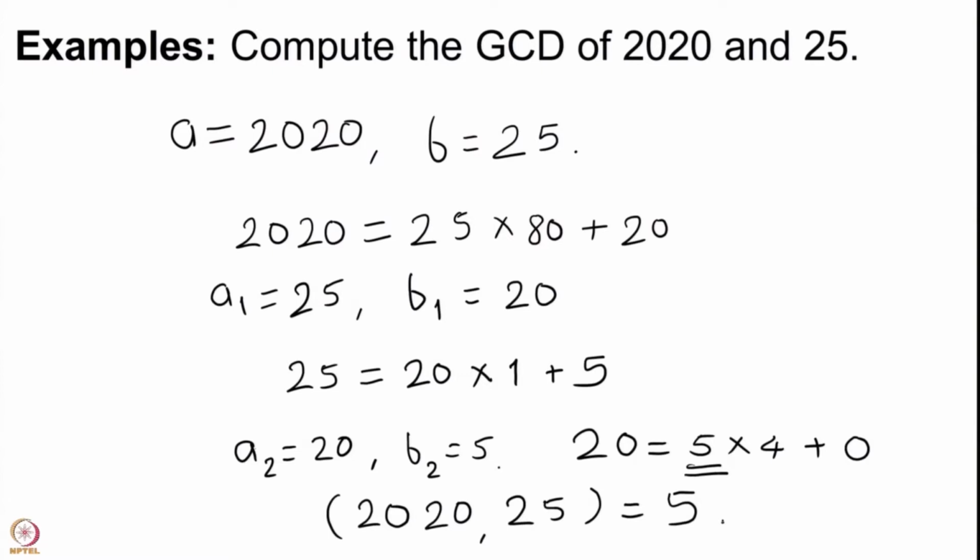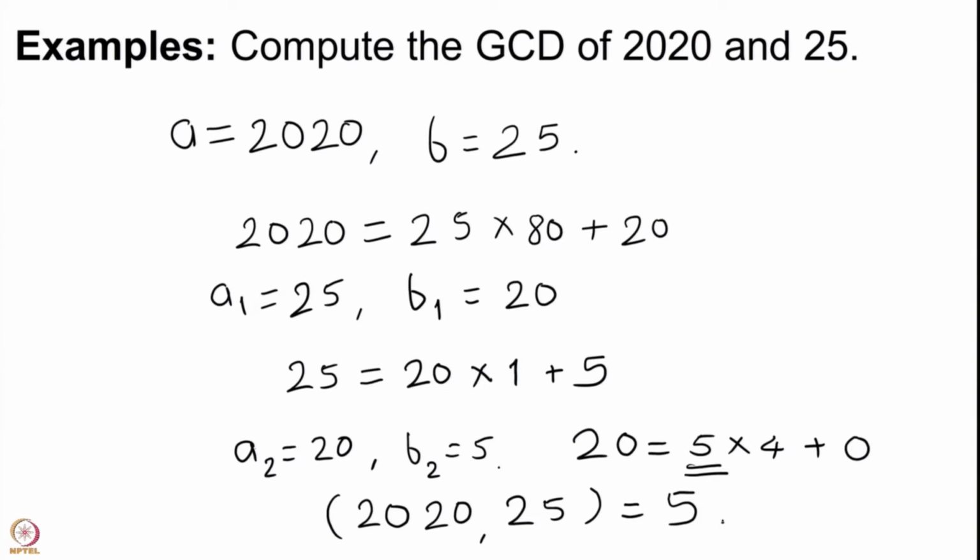But wait, there is one more thing remaining. We now want to write 5 as a linear combination of these two numbers 2020 and 25. So, how do you want to write this? You can use the division algorithm to go back.